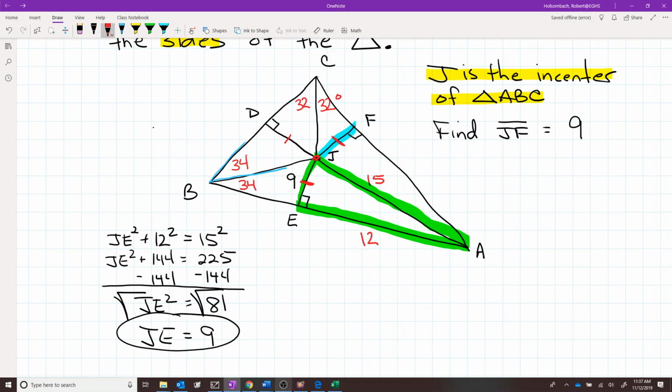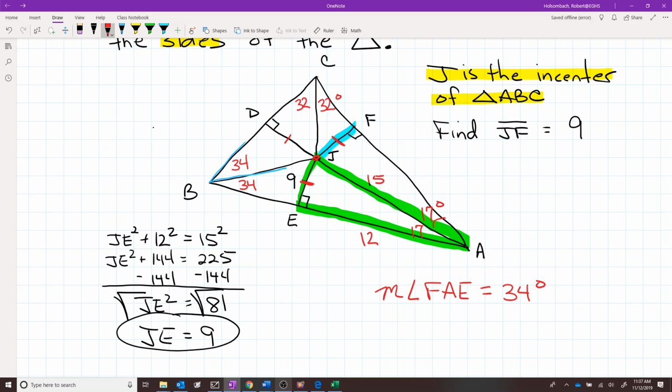Good. If angle FAJ is 17 degrees, then what would the measure of angle FAE be equal to? Alright, good. If this angle up top is 17, then the angle below it is 17. And angle FAE would be equal to 34 degrees.